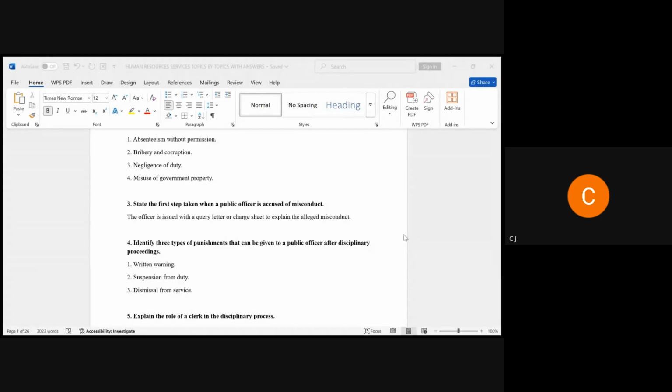You also communicate the decision made during disciplinary procedure. Another one, you draft the letter. You also draft the letter of suspension.